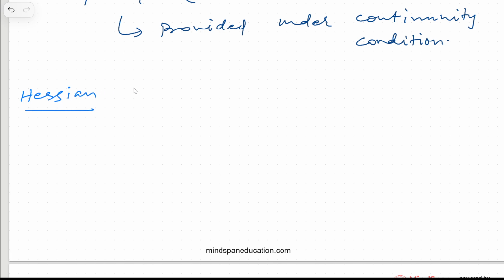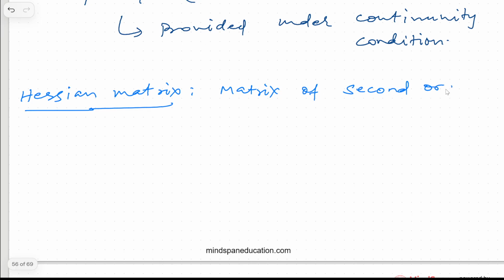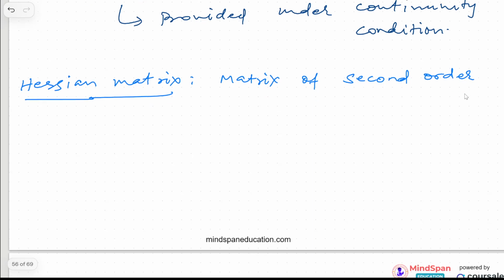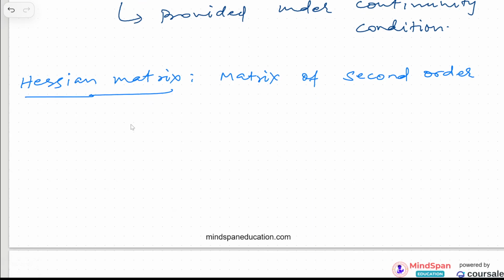Okay, Hessian matrix. Now what is this Hessian matrix? This is a matrix of second order partial derivatives.